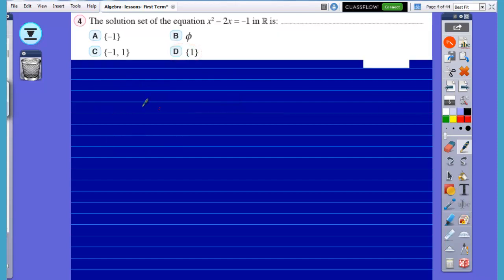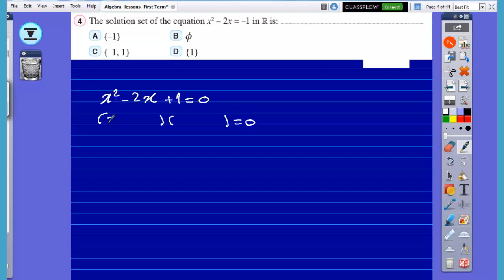Next question. The solution set of the equation x squared minus 2x equals negative 1 in R. Now we rewrite this equation: x squared minus 2x plus 1 equals 0. We must put the right hand side equals 0, and then we factorize it. Of course we can solve it using the calculator.